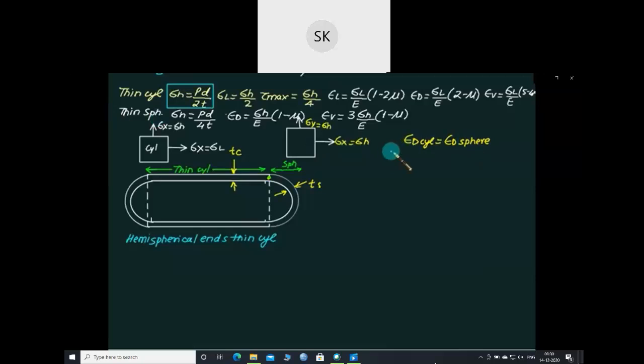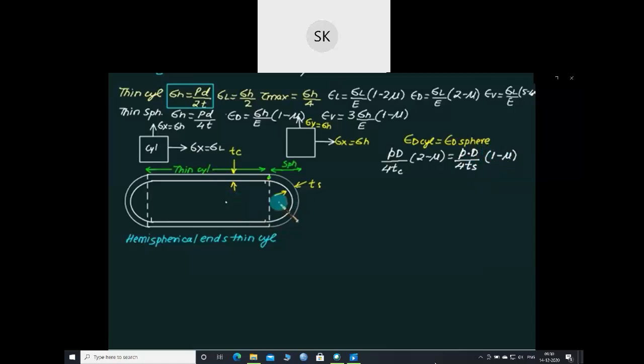So we will not get confused. This one is P multiplied by D divided by 4 multiplied by TC, C for cylinder, into 2 minus mu, and it must equal epsilon D for sphere, which is sigma H by E, that is PD by 4T. So we have P multiplied by D divided by 2 TS into 1 minus mu.